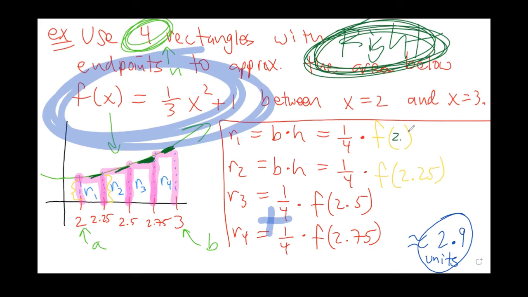What about for the next rectangle, R2? The height there, instead of 2.25, it would have been 2.5. What about for the third rectangle? You would have plugged in 2.75. And for the fourth and final rectangle, the base is still 1/4, but the height would have been f of 3. You see that?